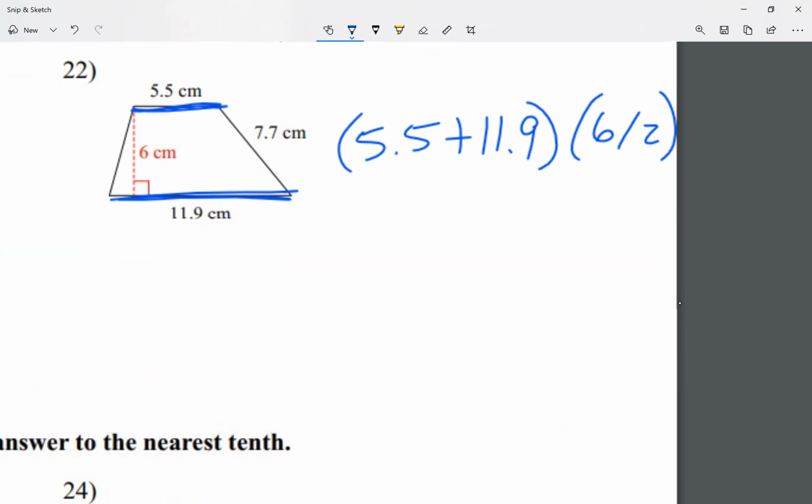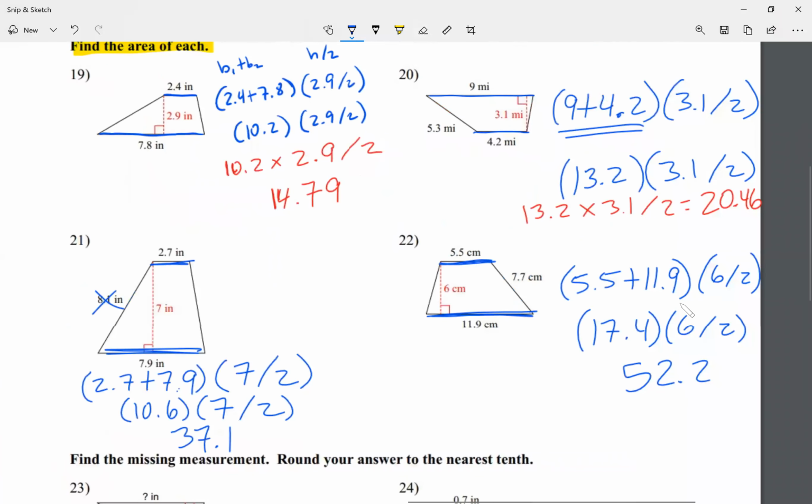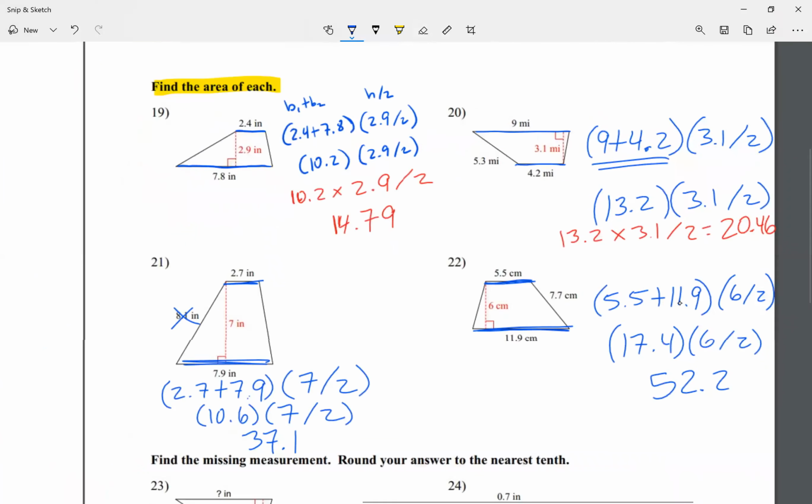Now 5.5 plus 11.9 is 17.4. So again, I'm going to go 17.4 times 6 divided by 2. And that gives me 52.2. All right, so this type of question, not too bad, right? We know the formula, so we know how to get this.